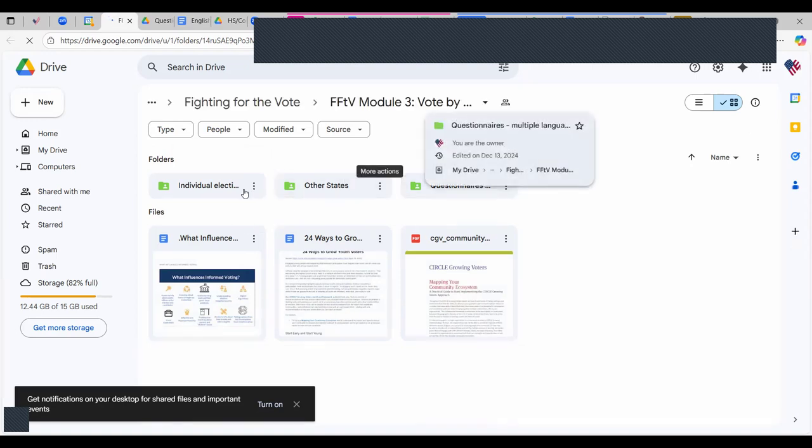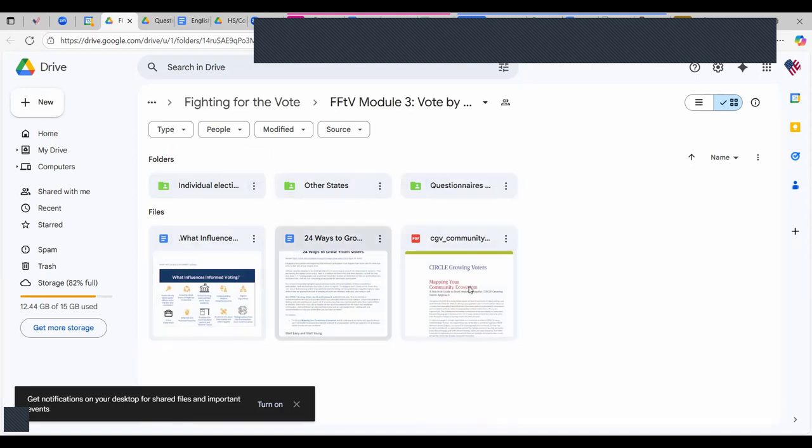When you look at this one, you've got a couple of extra things here. Most of this information comes from CIRCLE at Tufts University, which I mentioned, I think, the first day that we talked. CIRCLE is an amazing resource for information about youth voters, both registrations and turnout, and you can get very specific, very targeted information.